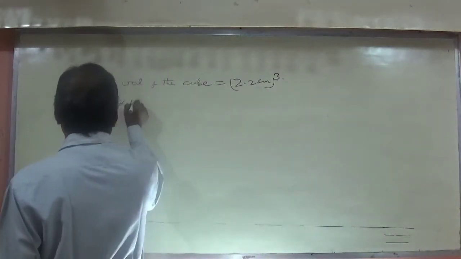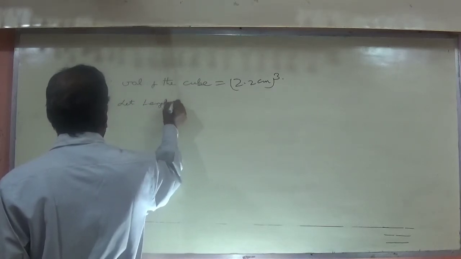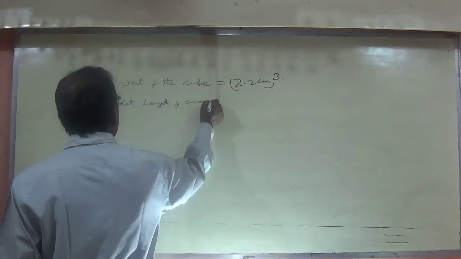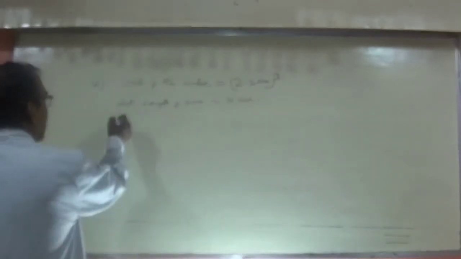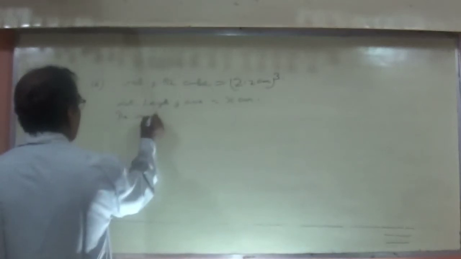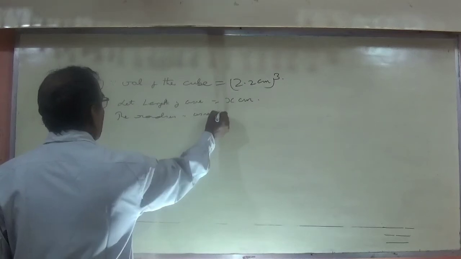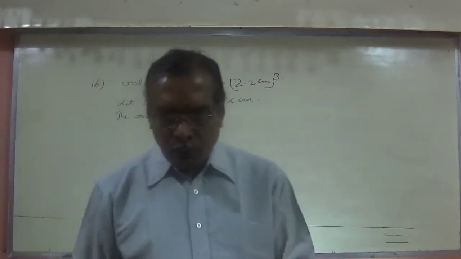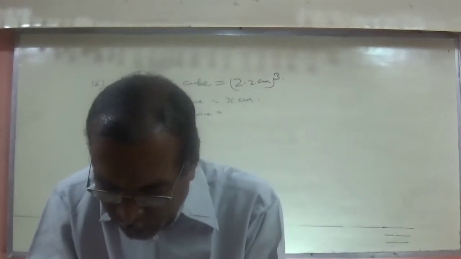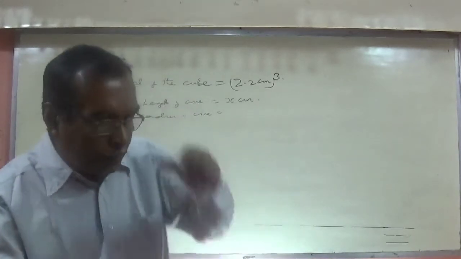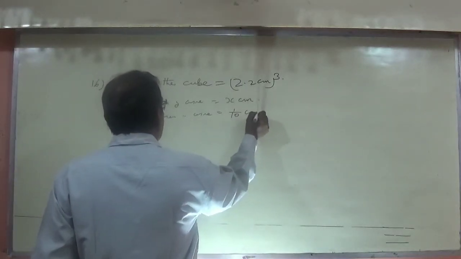Let the length of the wire be, as usual, x centimeter. The radius of the wire is given as 1 mm, so the radius is 1 by 10 centimeter.